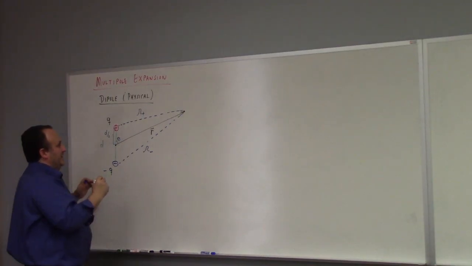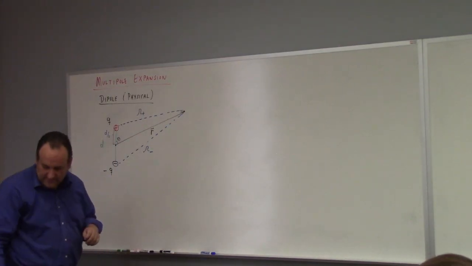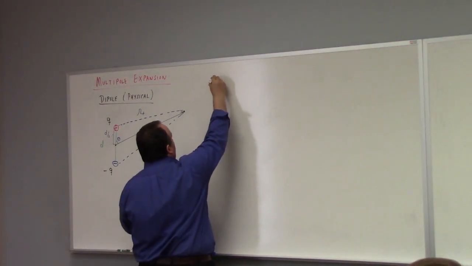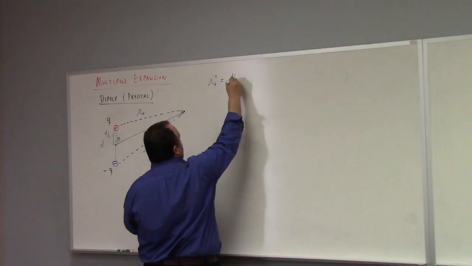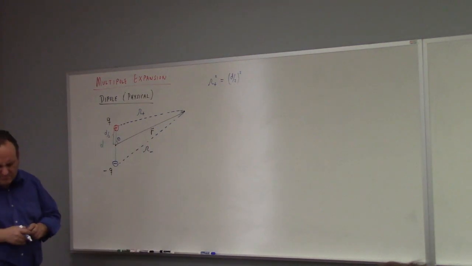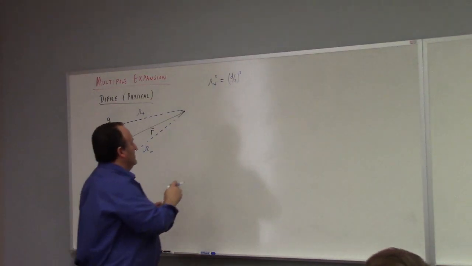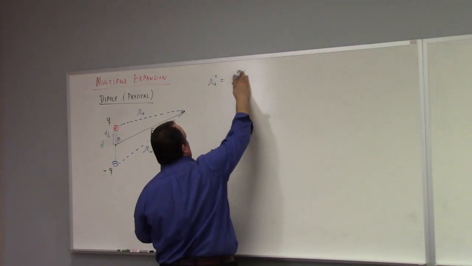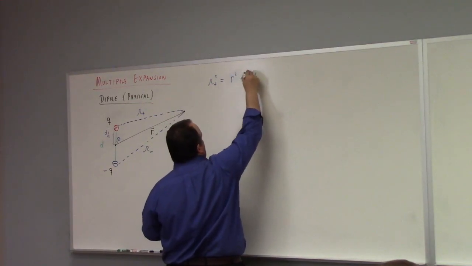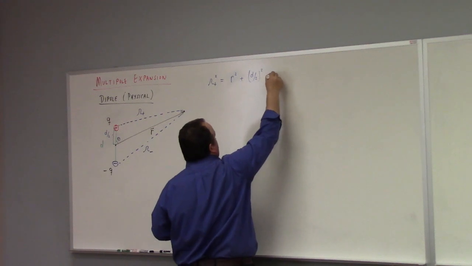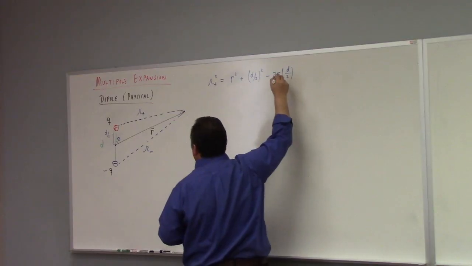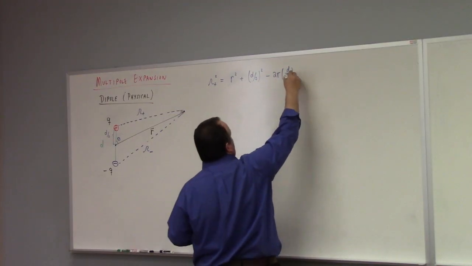So R plus squared is, let me put the other one first, r squared plus d over 2 squared minus 2r times d over 2 times cosine theta.